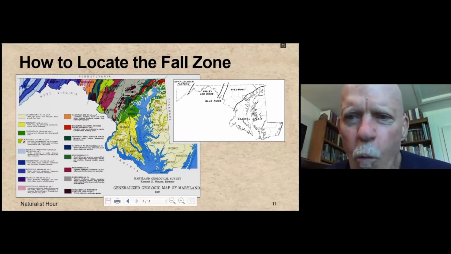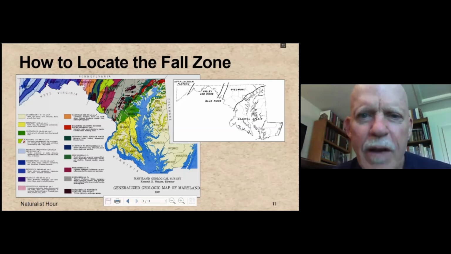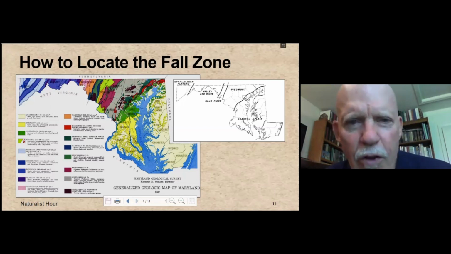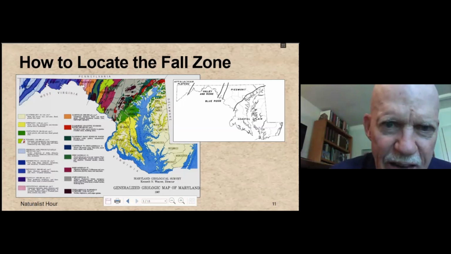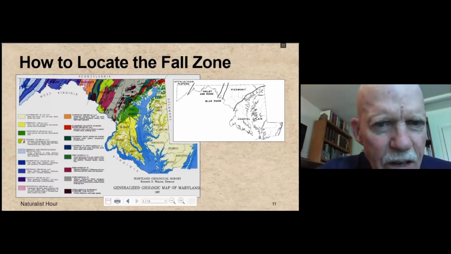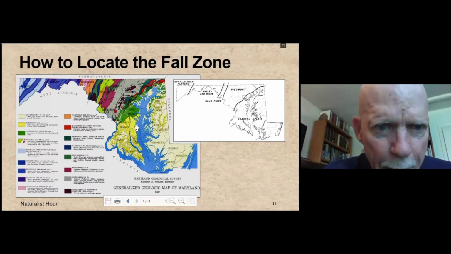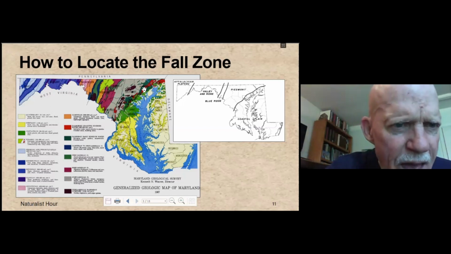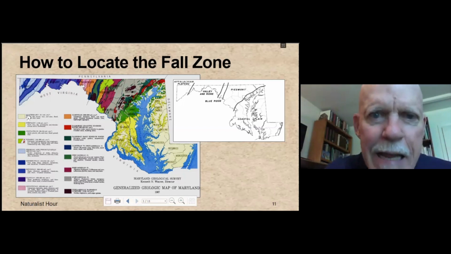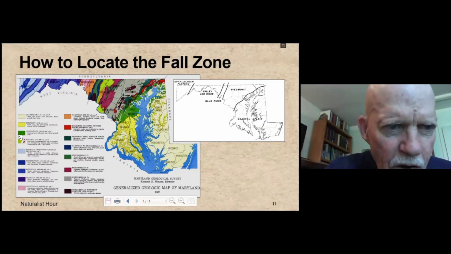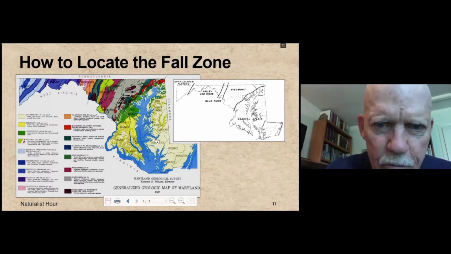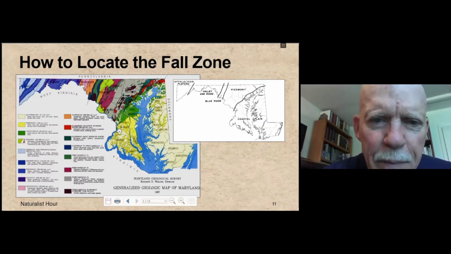Now, the way that you would determine in general whether you were at the fall zone or not is you would need a geologic map. You'd have to know your location. And on this generalized map of Maryland, anything that's Cretaceous, Tertiary, or Quaternary, which is the dark green, the yellow, and the sort of light beige, is going to be coastal plain material.